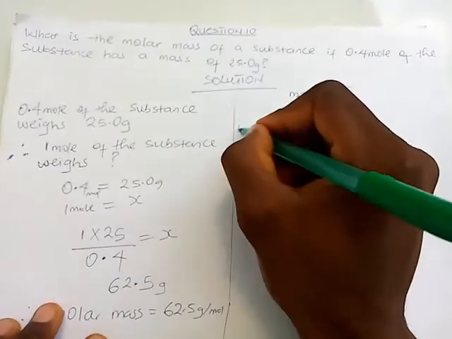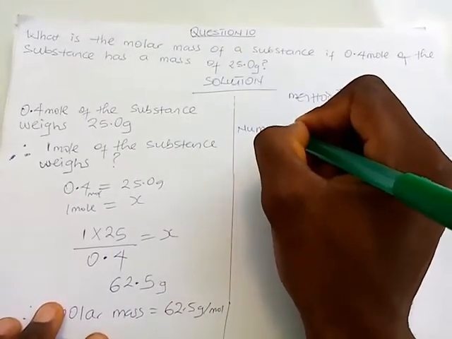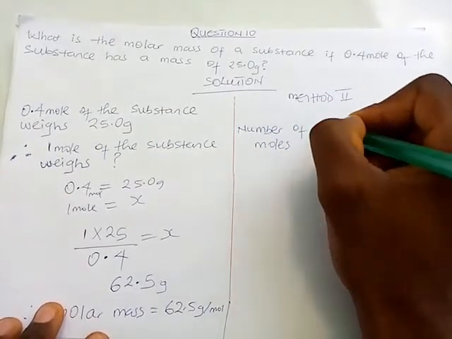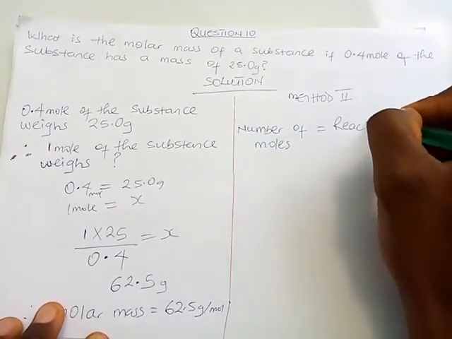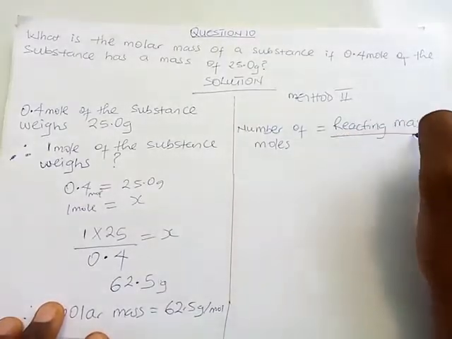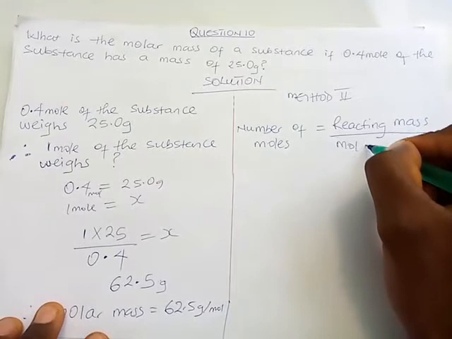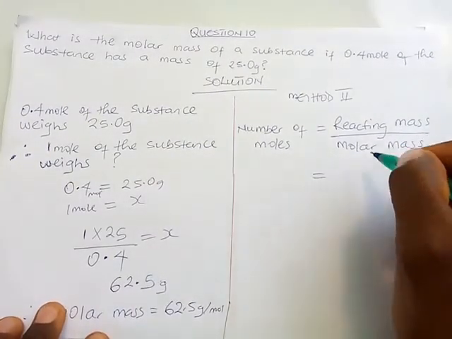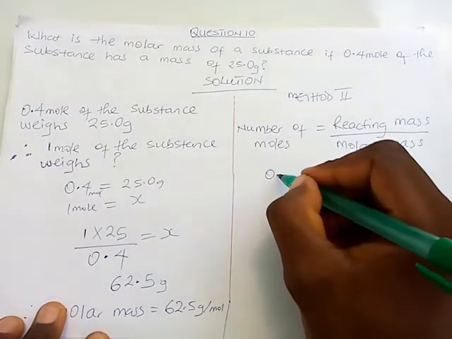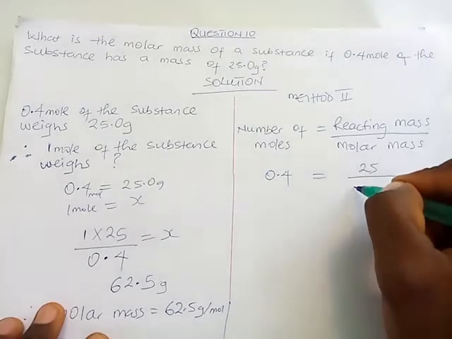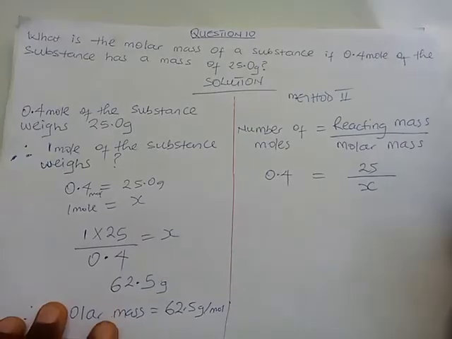Okay, so we have number of moles equals reacting mass over molar mass. We have the number of moles as 0.4, the reacting mass as 25, and the molar mass x is unknown.